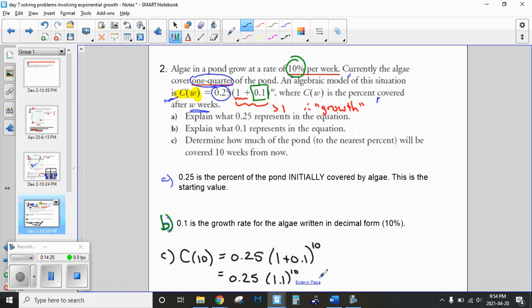And now we can grab a calculator to solve this one, but I do want to be careful to follow BEDMAS, order of operations, and evaluate the exponent part of this question first, 1.1 to the exponent 10. Find that answer and multiply it by 0.25.